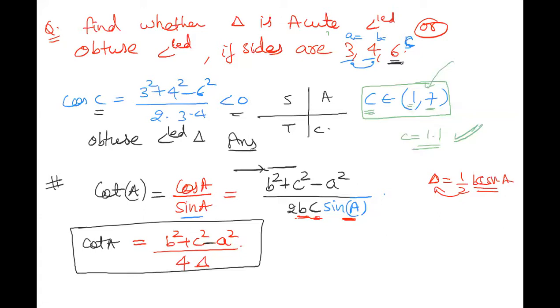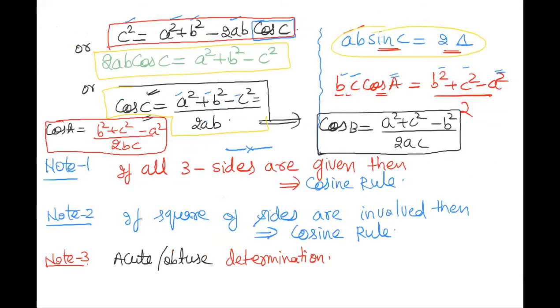This is the important manipulation. Whenever you see this bc sin A, you should be able to recall this delta. Here also we said ab sin C is 2 delta. Whenever you see bc into sin A, you should think of delta. Whenever you see a cosine rule expression, you should think of cosine rule. Whenever two sides are multiplied and there is one angle, then you should think of delta.